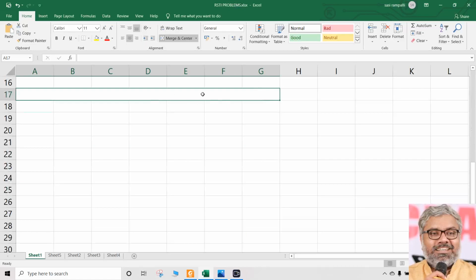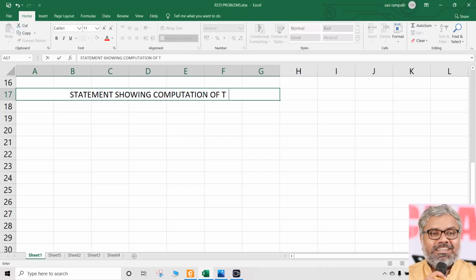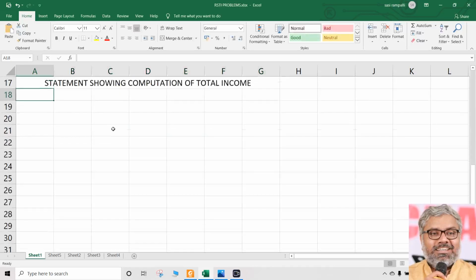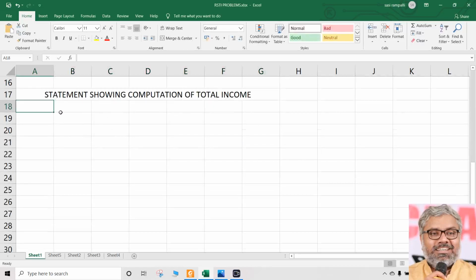So what should be the heading here? Statement showing computation of total income. You can write this as a big statement also, or just write statement showing computation of total income.